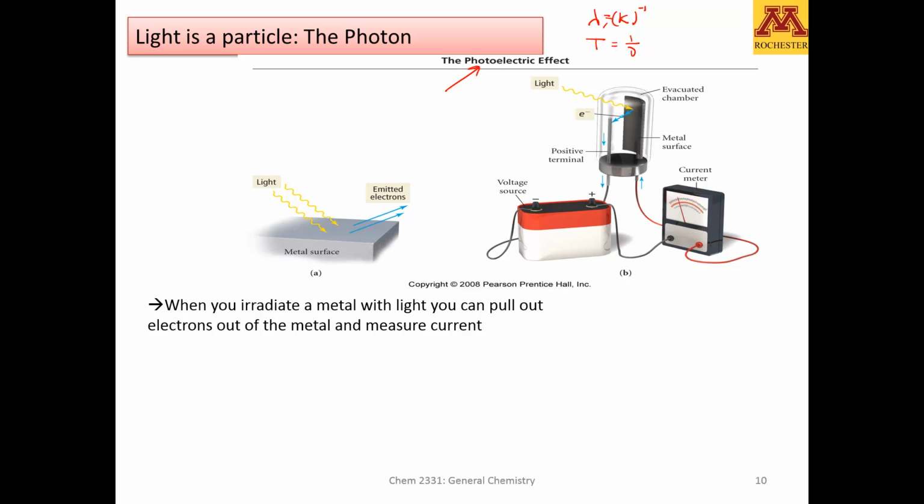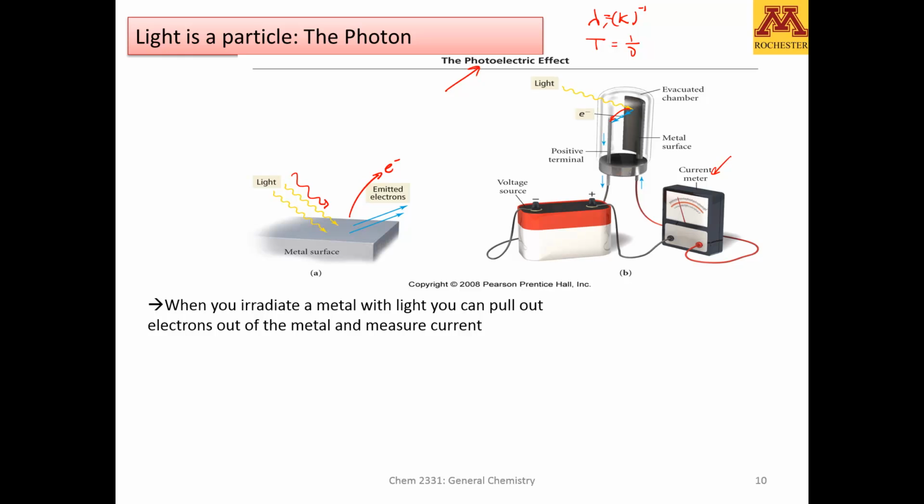But the principle of this experiment that proves that light can behave like a particle is that sometimes when you irradiate light on a piece of metal, if it's energetic enough, it will kick some electrons out. If this happens in this evacuated chamber, these electrons can go to the other side of the circuit and then imply or measure some current.